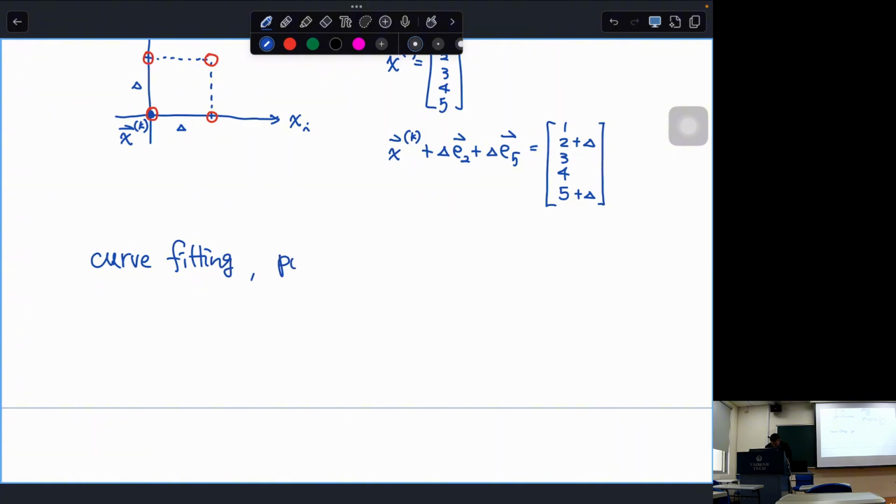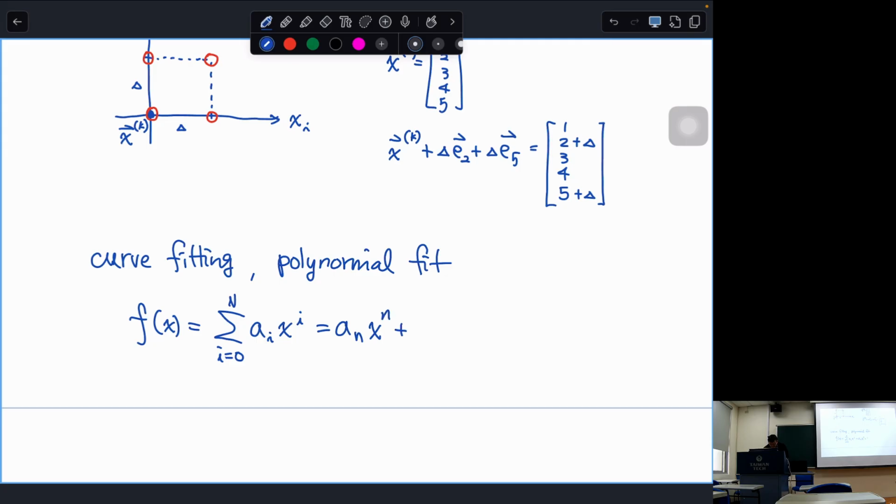You have y or f function equals the summation over i of a_i x to the order i, where i goes from 0 to n. So basically it's a_n x^n plus a_(n-1) x^(n-1) and so on.